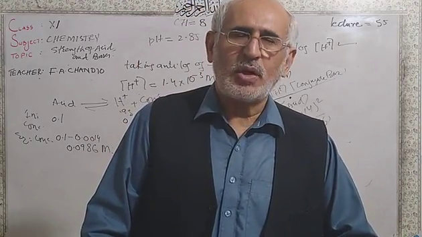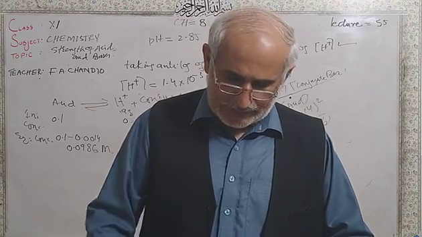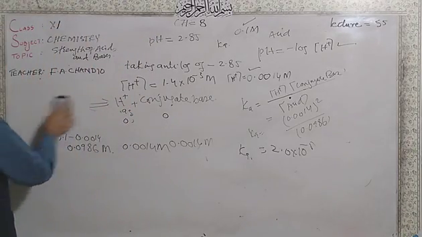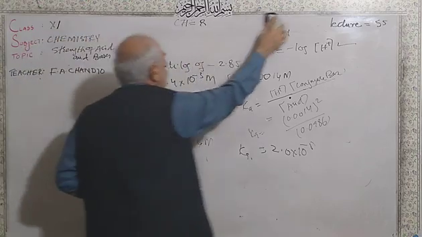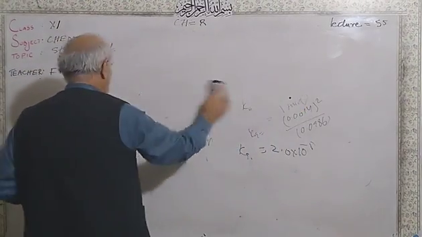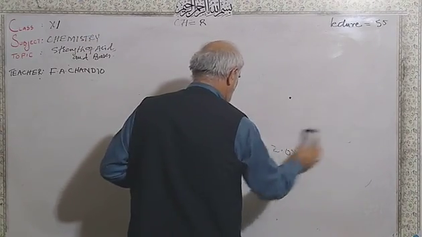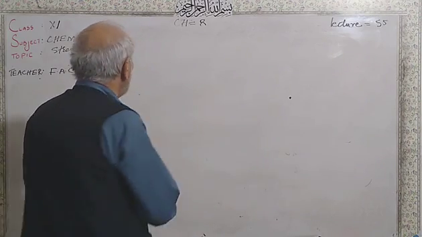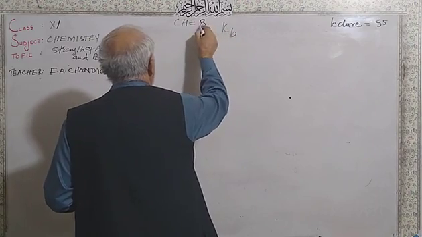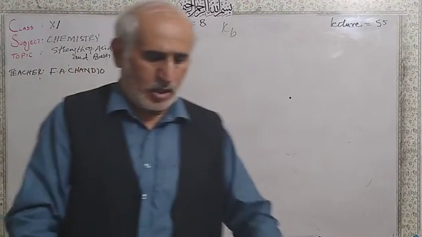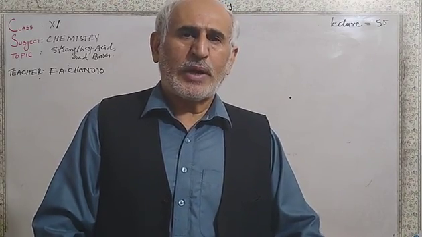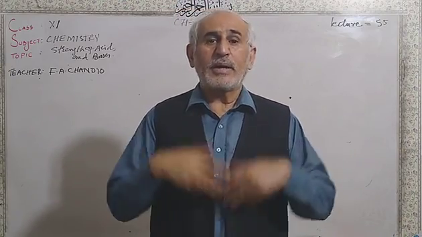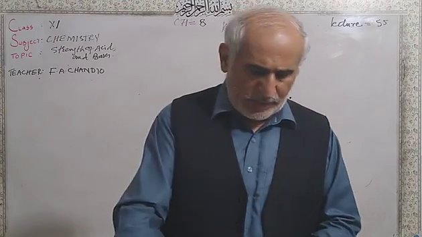So this is about strong acids and weak acids. Then there are strong bases and weak bases. As I told you, for the acid we use Ka, and for the base we use Kb. The base which has more ability to accept a proton is relatively a stronger base compared to others.